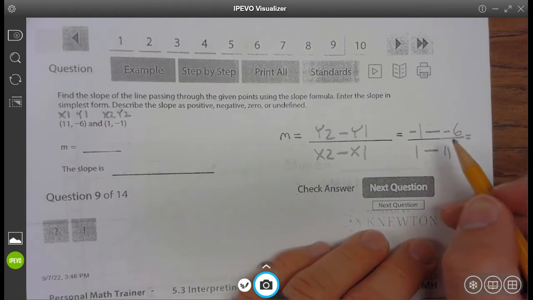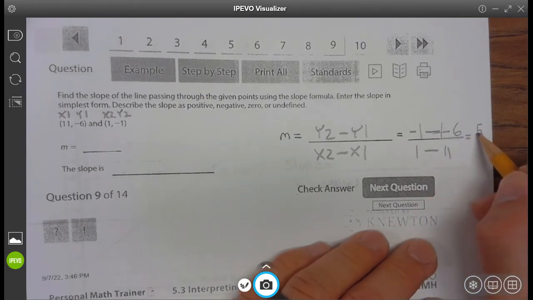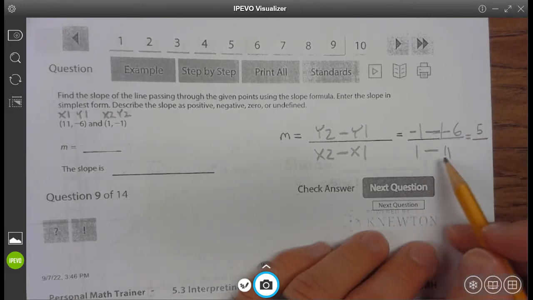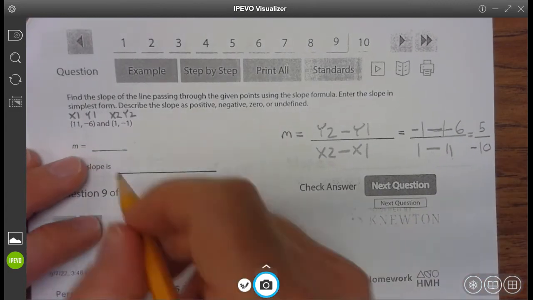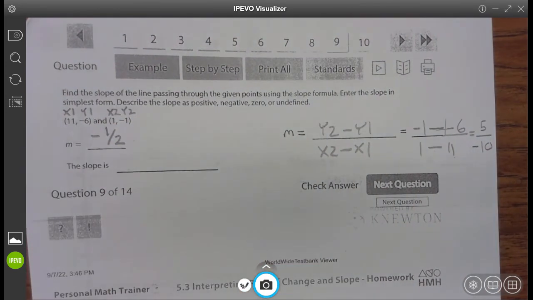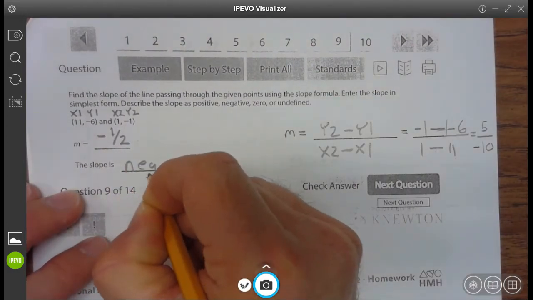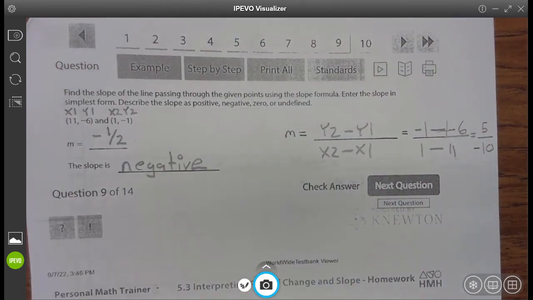Now, when you subtract a negative, it becomes positive. So negative 1 and 6 is 5. 1 minus 11 is negative 10. 5 divided by negative 10 reduces to be negative 1 divided by 2. So the slope is negative. All right, go ahead and finish up example 9.